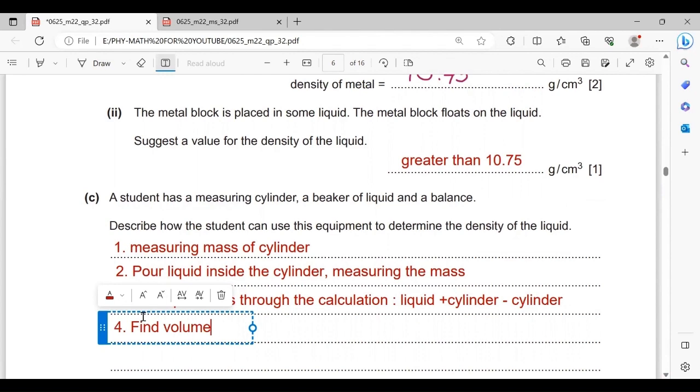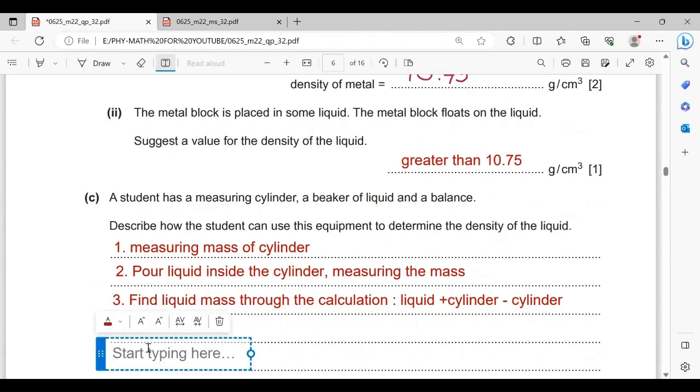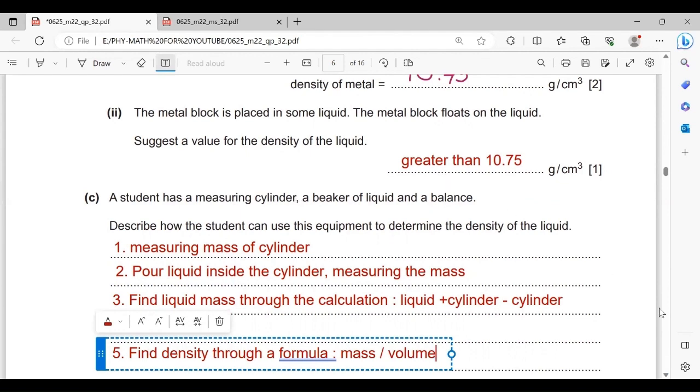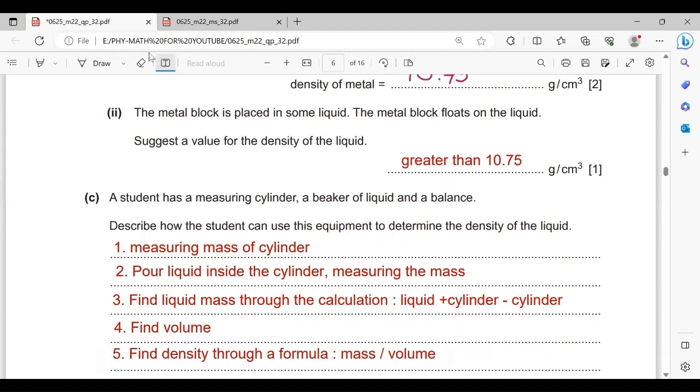Fifth, find the density through a formula, mass over volume. Okay.